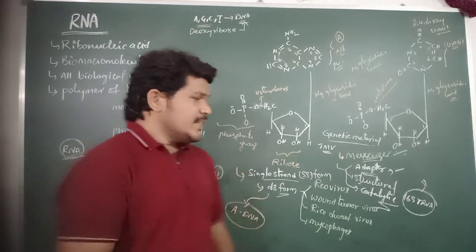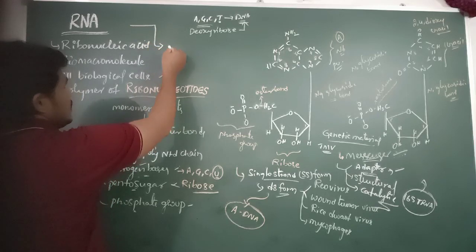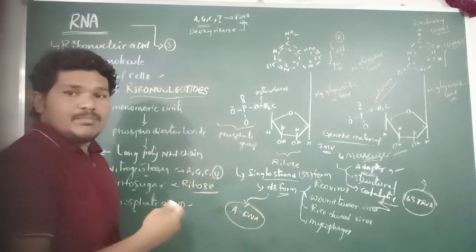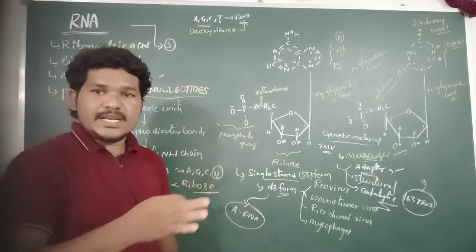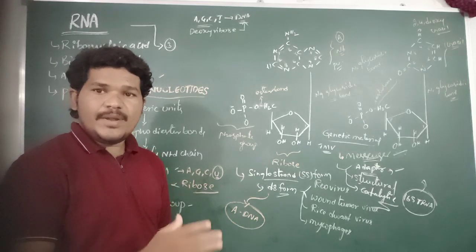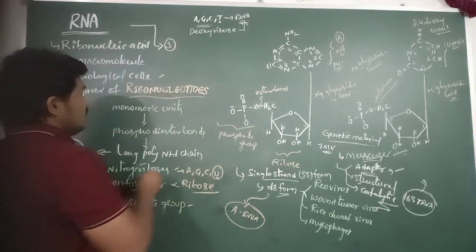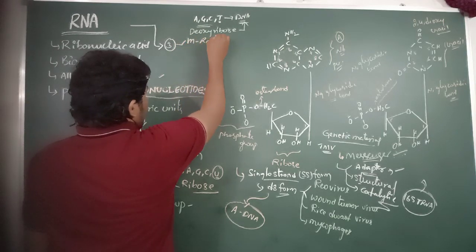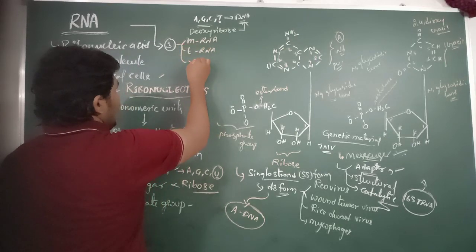And then there are three different types of RNA molecules which are synthesized from the DNA molecule by the transcription process, which is catalyzed by the DNA dependent RNA polymerase. They are mRNA, tRNA and rRNA.